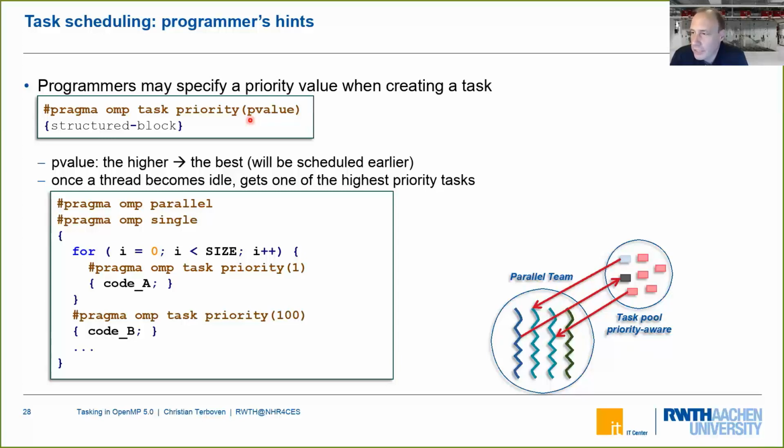It's not a guarantee. So the runtime can ignore this clause, or it might have a good reason to actually do something different. This is why you cannot make use of this priority clause to guarantee correctness. It will not force the runtime to schedule tasks with a higher priority earlier than tasks with a lower priority. It's only a tunable. This is why I call them programmer's hints.